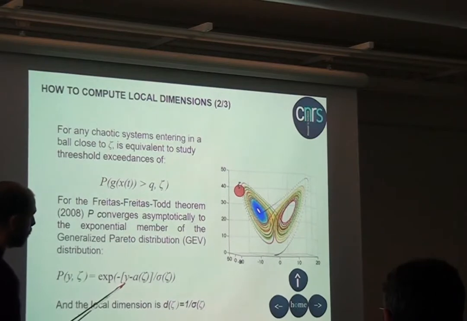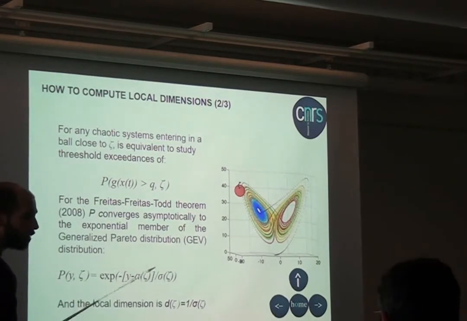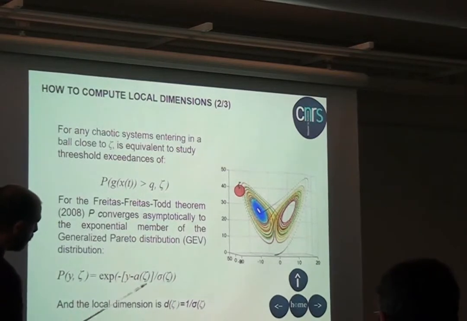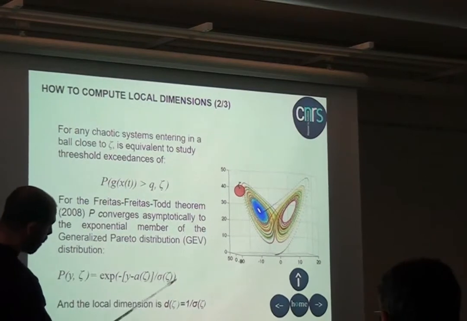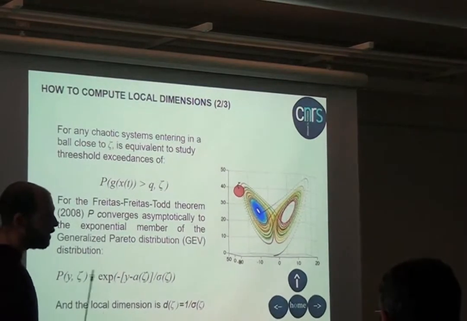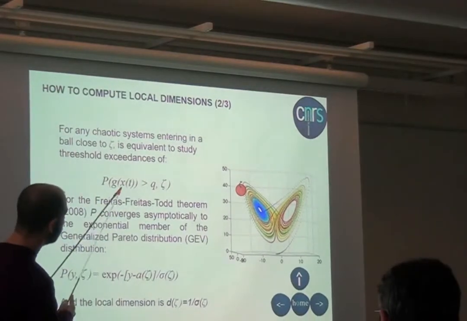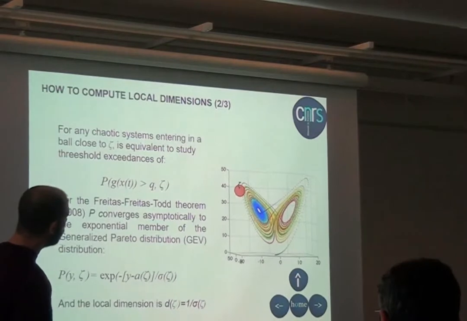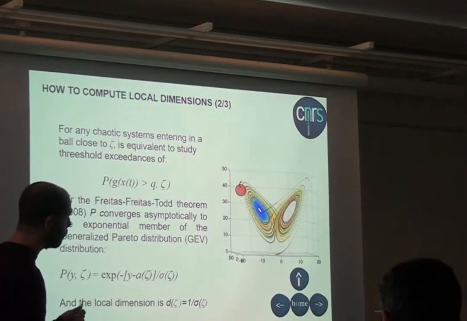Now I renamed the g, the entrances in the ball or the exceedance, as y, but you see you have two parameters which depend on zeta, and the scale parameter, the scale factor of this exponential function, is 1 over the local dimension. So the local dimension comes just from a fit of this object that is an exponential member of the generalized Pareto distribution.